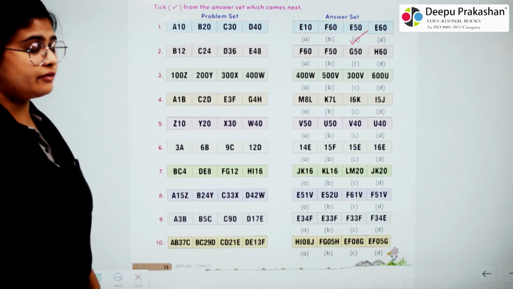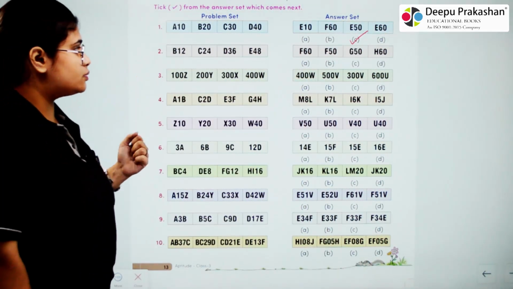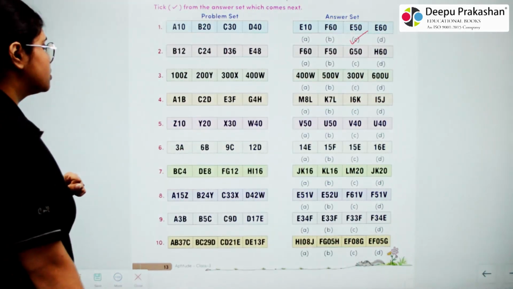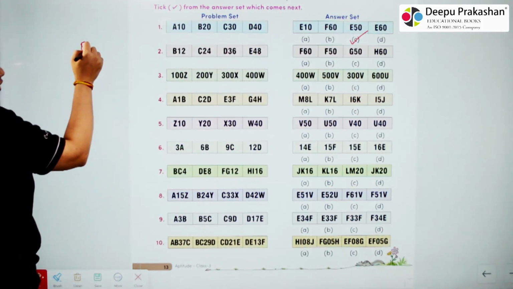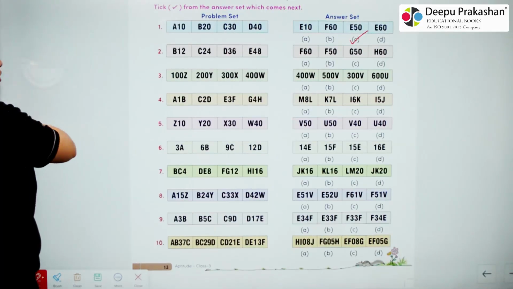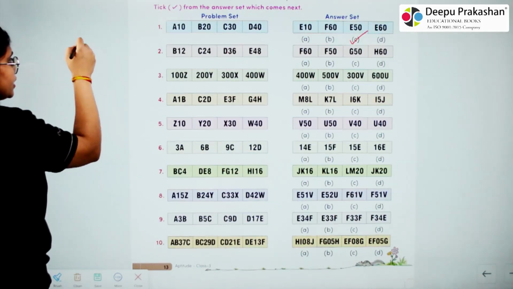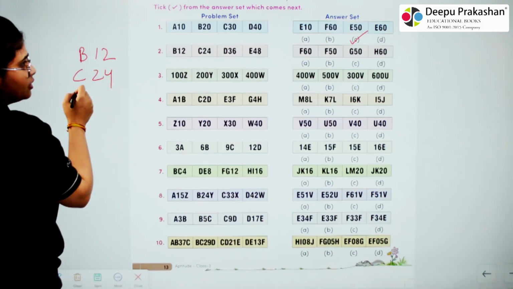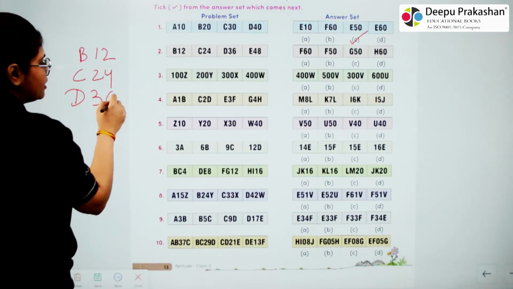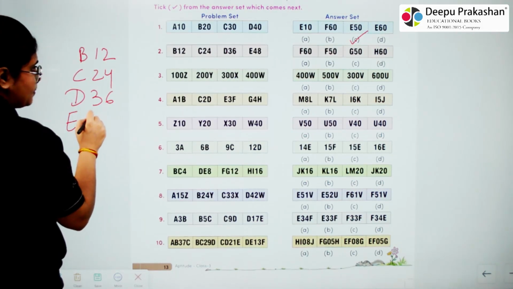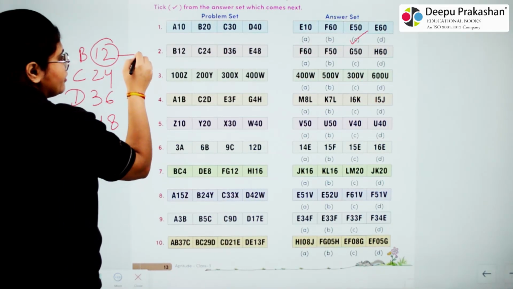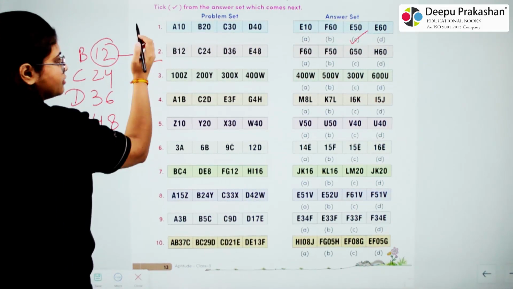Second, we are given B12, C24, D36, E48. So here again we are given the alphabets in sequence and the numbers in a different pattern. For the number we are having an addition of 12.